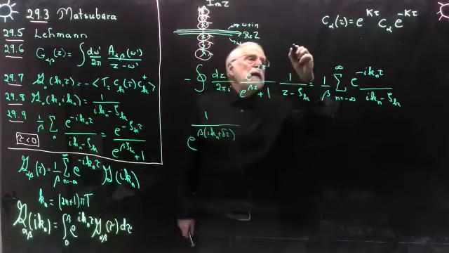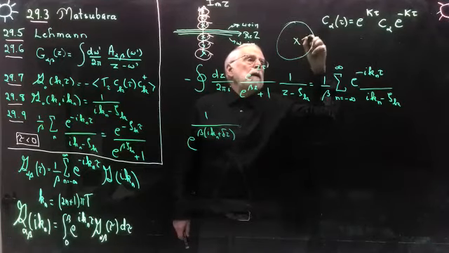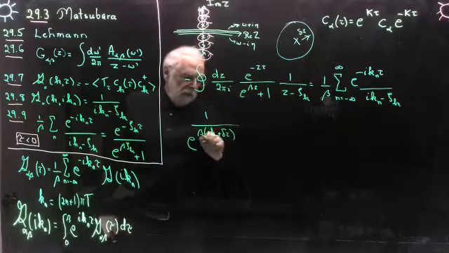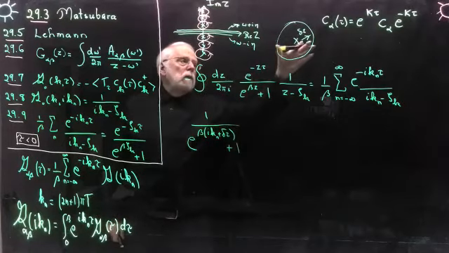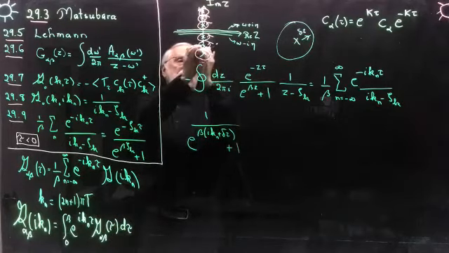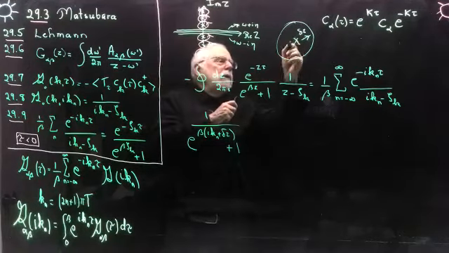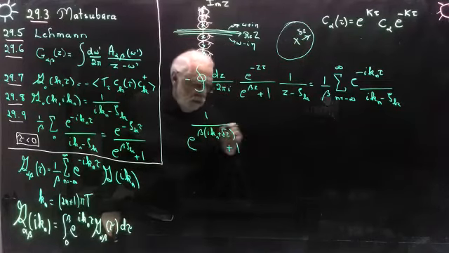So let me blow this up. Delta z is anywhere along this circle, plus 1. We want these to become infinitesimal, as close as possible to this, so delta z goes to 0.